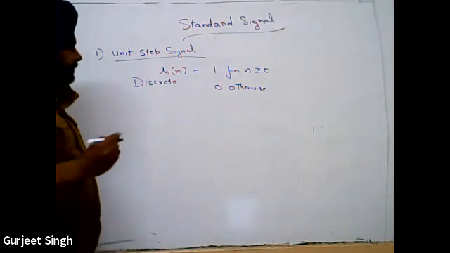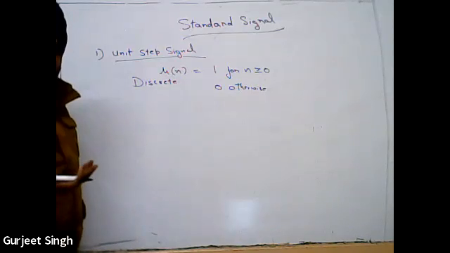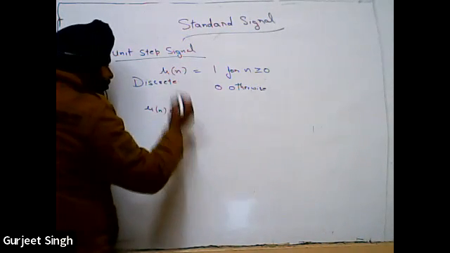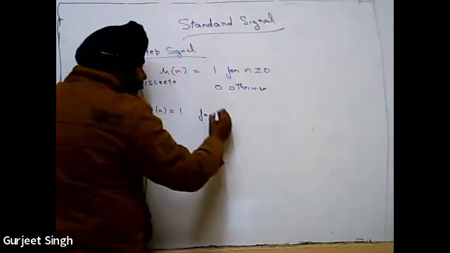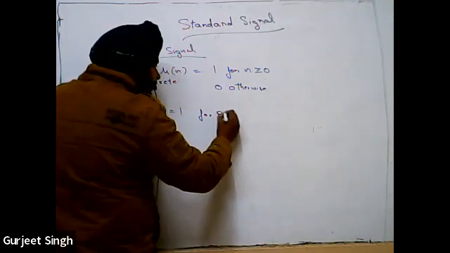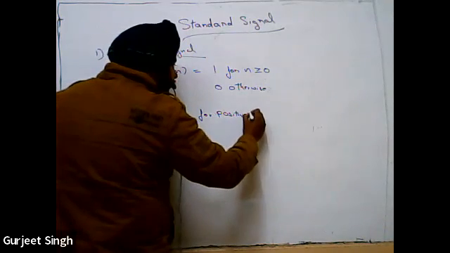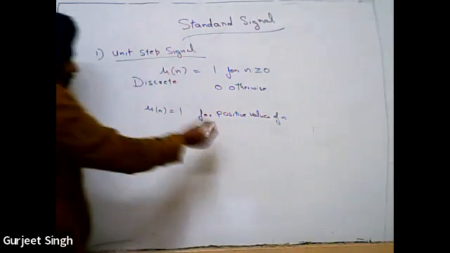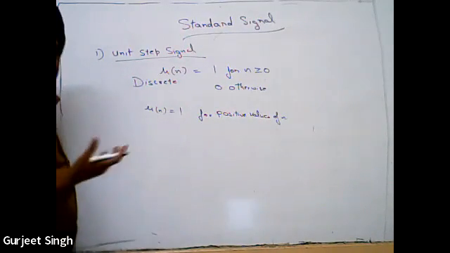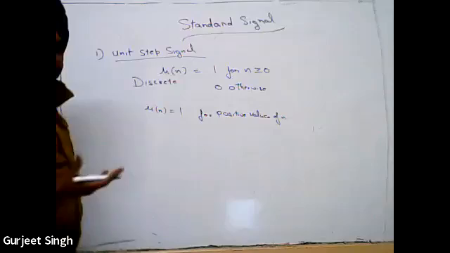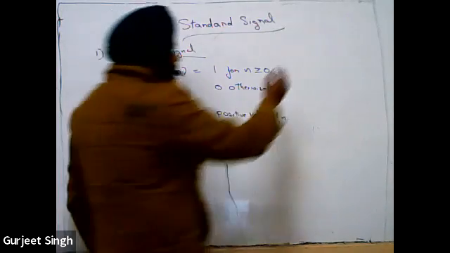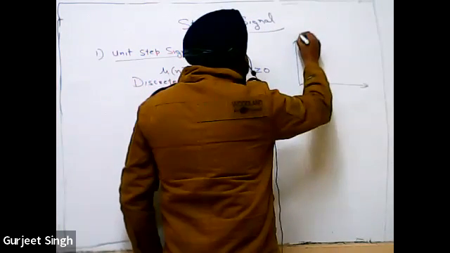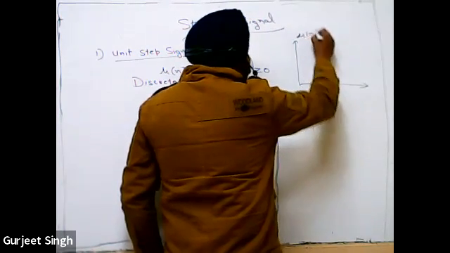u(n) is 1 for positive values of n. So for positive values of n, the u(n) value is 1. We can represent this signal graphically like this: this is u(n), and this is n.